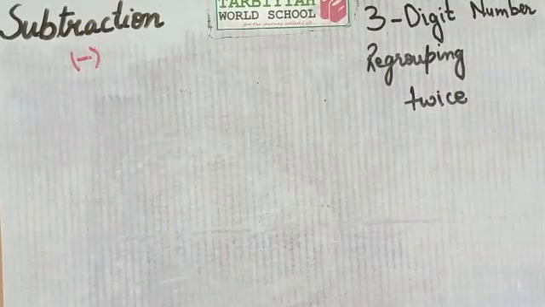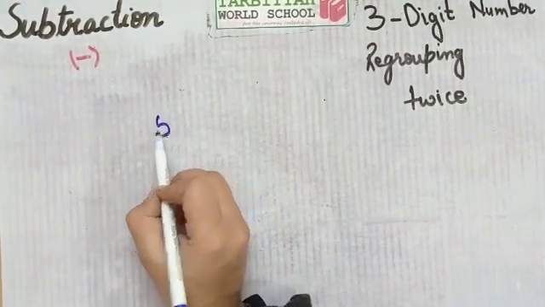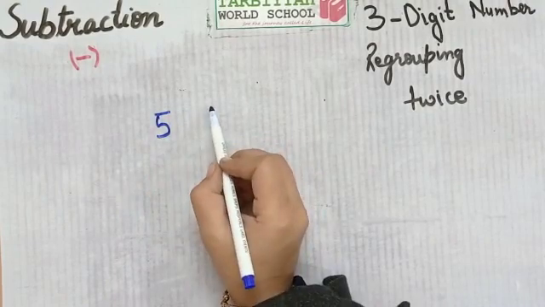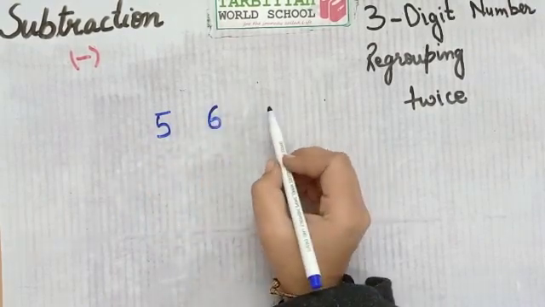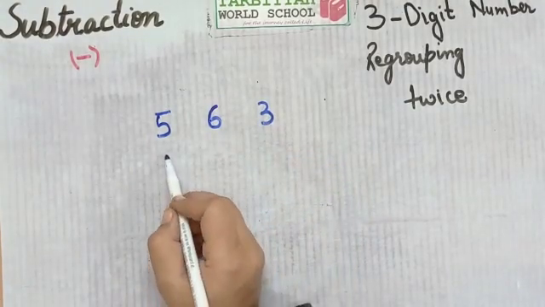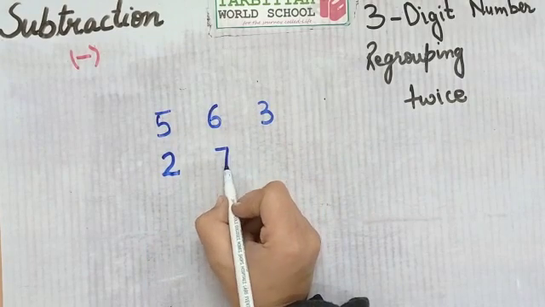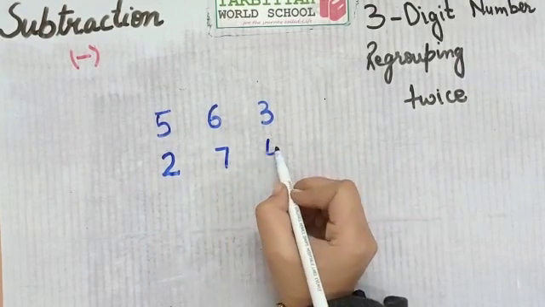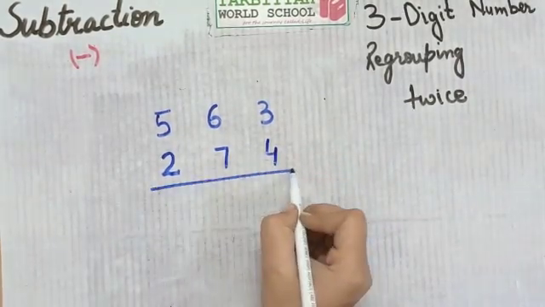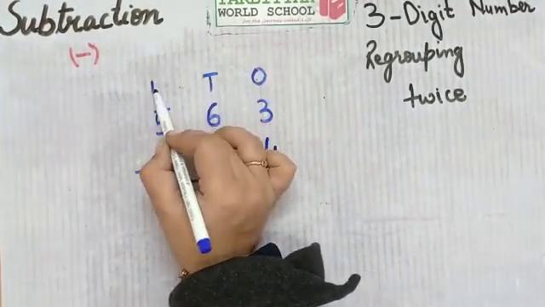Okay, now see another example. 563, 274, ones, tens, hundreds.